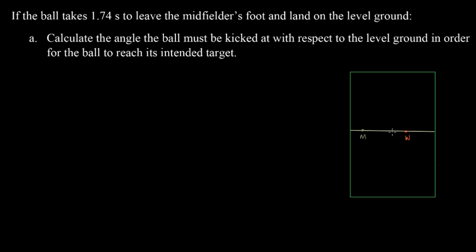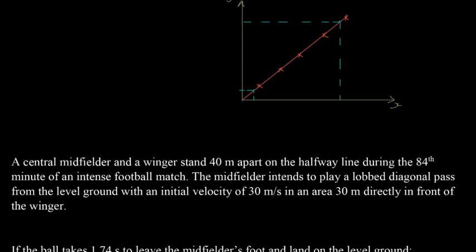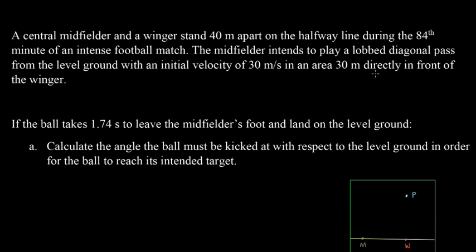And the ball is to be played into an area, let us say this area. We're going to call it P. So the ball will be played into this area P, which, as the question says, is 30 meters directly in front of the winger.